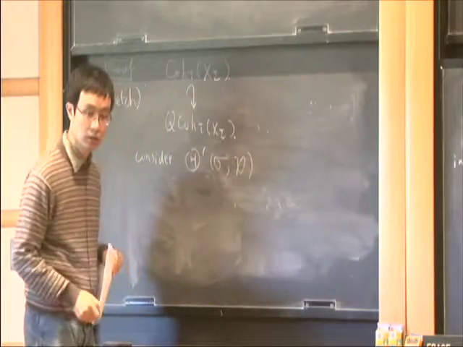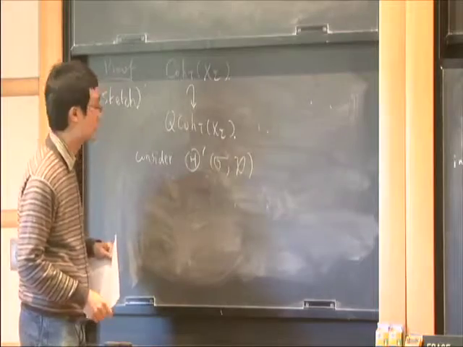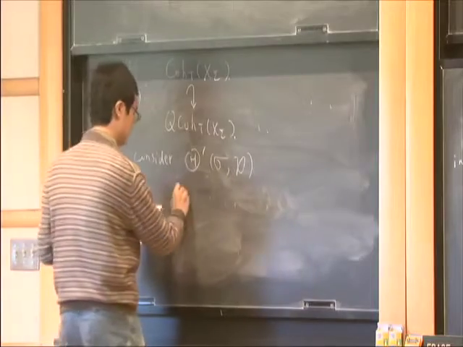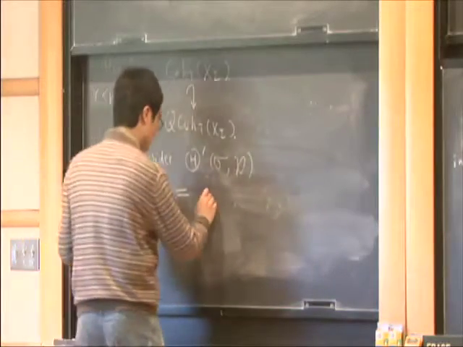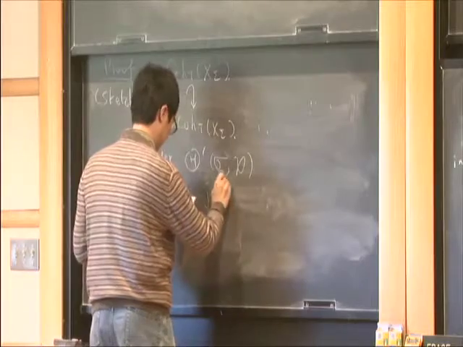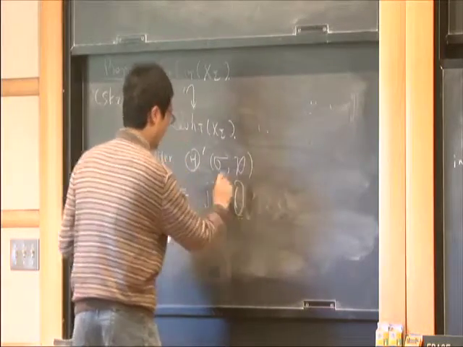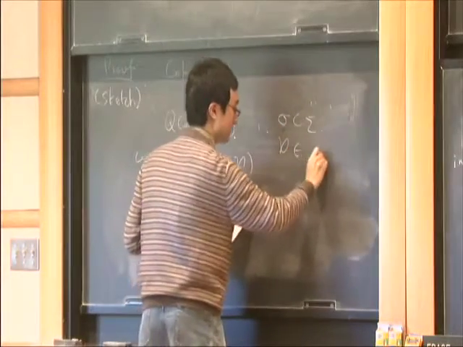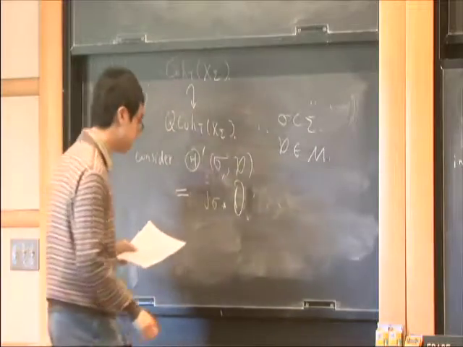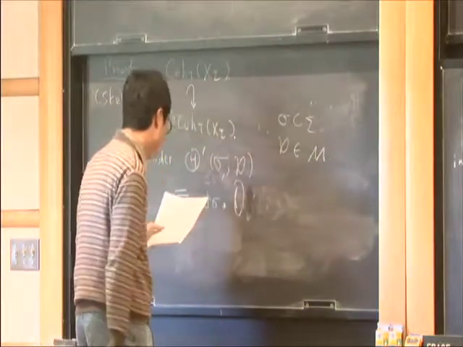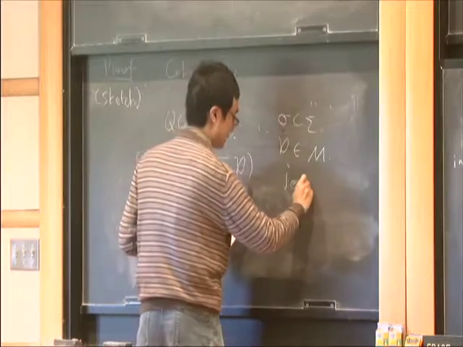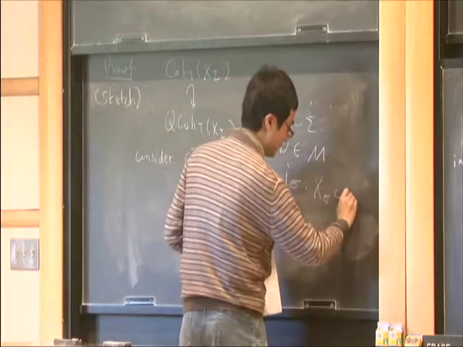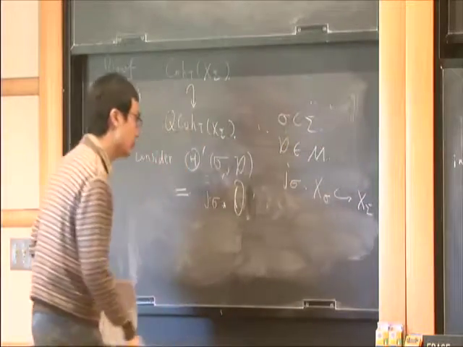For any cone sigma in the fan, and chi a character in M, we have an affine variety associated with this cone, and this embeds into the original toric variety.